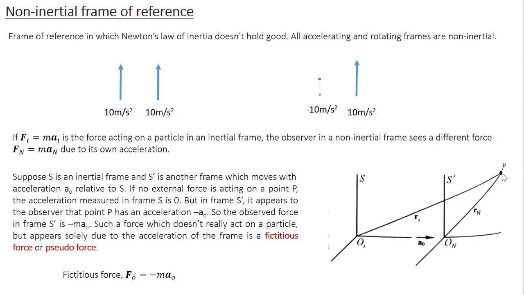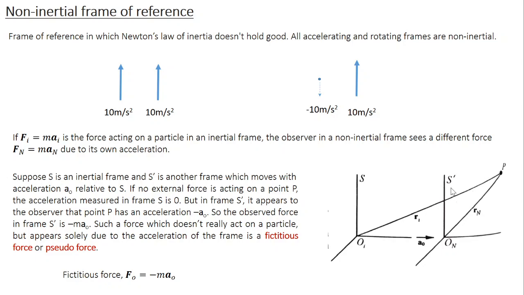Let's assume that the particle is originally at rest, or there is no external force acting on the point P, which means the force which you are going to measure from this inertial frame is going to be zero. Consequently, the acceleration you are going to measure from the S frame is also going to be zero.